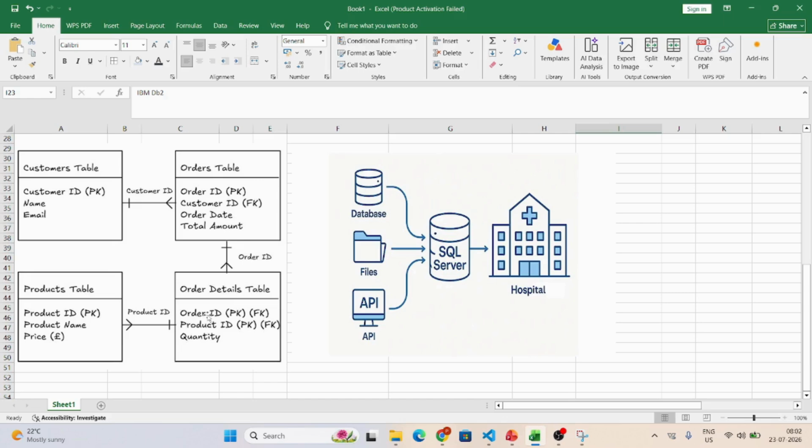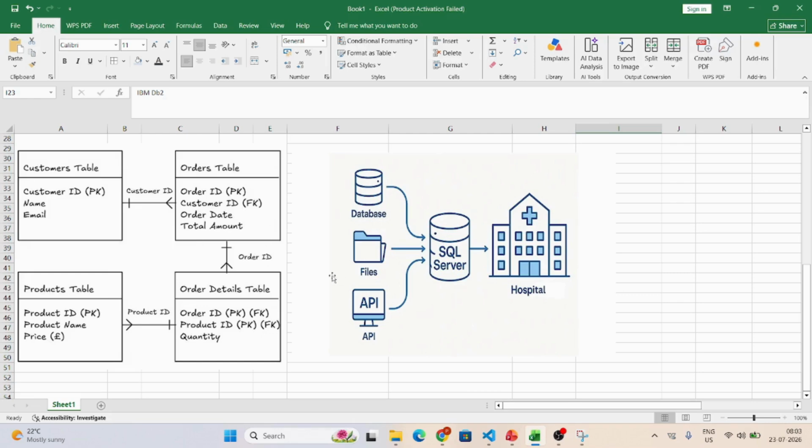In the order details table, product ID is a foreign key, and in the products table it is the primary key. So these four tables are interlinked through primary keys and foreign keys.